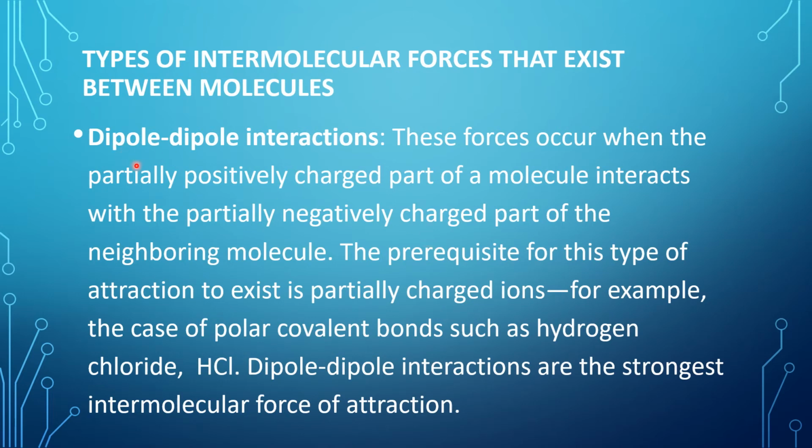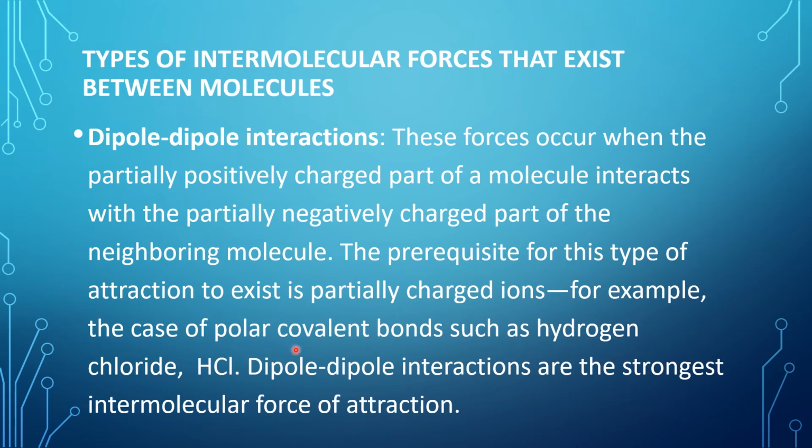First is dipole-dipole interaction. Usually the first is ion-dipole, which I will discuss later in the next slide. When we say dipole-dipole interaction, these are forces between partially positive and partially negative molecules. These are compounds that have partially positive and partially negative charges, and usually they are under covalent bonds.